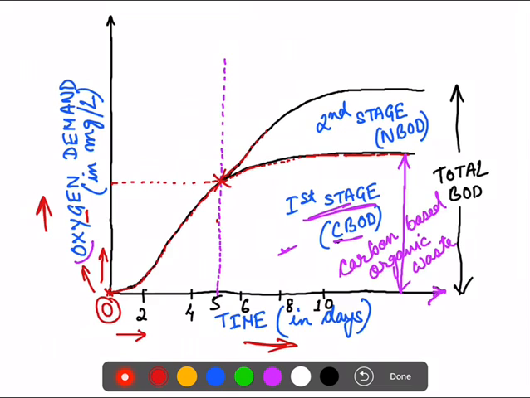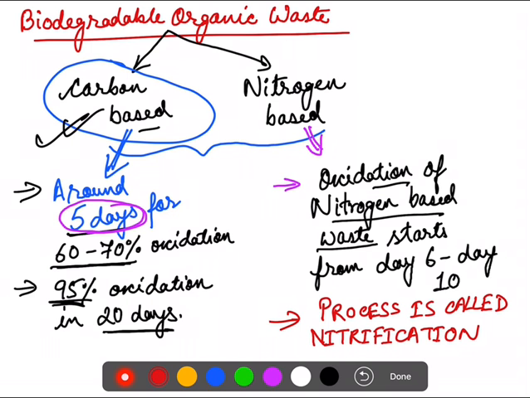Most important point: oxidation of nitrogen based biodegradable organic waste starts from the 6th day to the 10th day. Why? Because nitrification, the bacteria which does nitrification is called nitrifying bacteria.